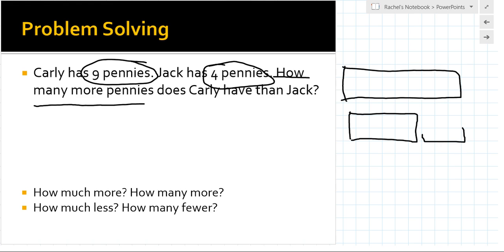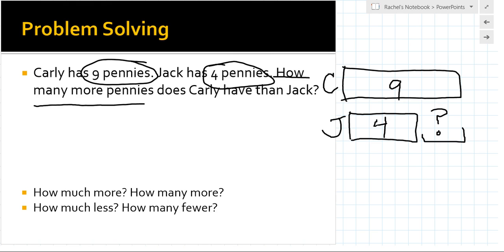In drawing the model, helping them understand the problem, we label Carly as the larger rectangle for 9 pennies. Jack is the smaller rectangle with 4 pennies. And this difference is the question in the problem. How many more pennies does Carly have than Jack? That question mark is the unknown.